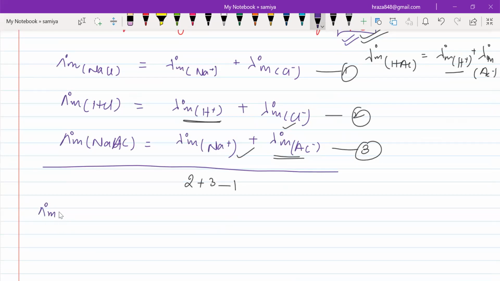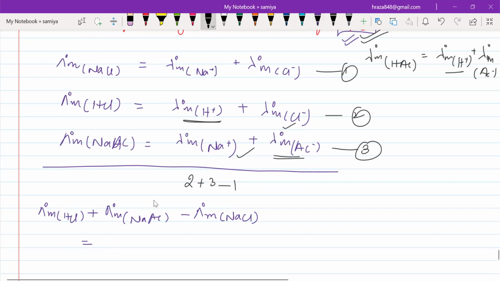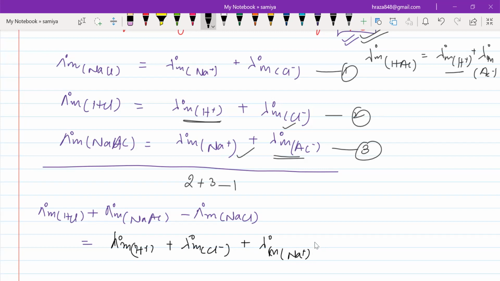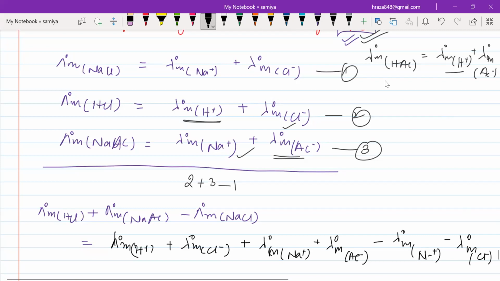What I just did is lambda naught m HCl plus lambda naught m NaAc minus lambda naught m NaCl. So what you get will be equal to lambda naught m H plus lambda naught m Cl minus plus lambda naught m Na plus lambda naught m Ac minus, minus the first equation, which is Na plus and minus lambda naught m Cl minus. Now you can easily see this is plus, this is minus, so it will be cancelled.